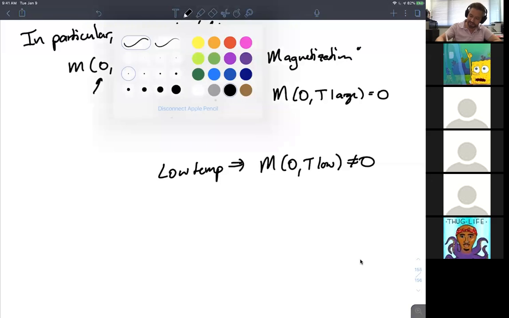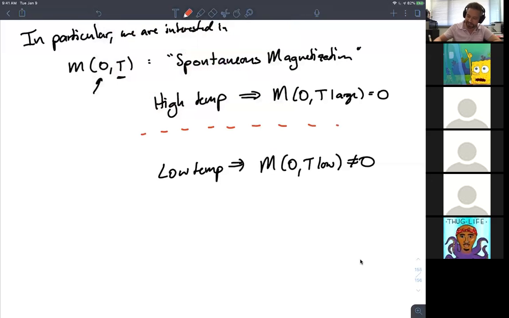That implies that something interesting is happening between these two regimes. That implies that somewhere there is a critical temperature. This is called, I believe, the Curie temperature.